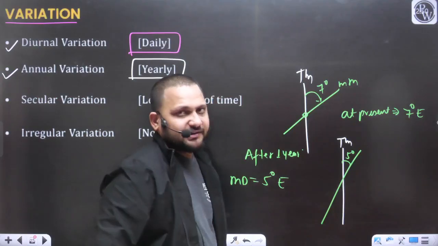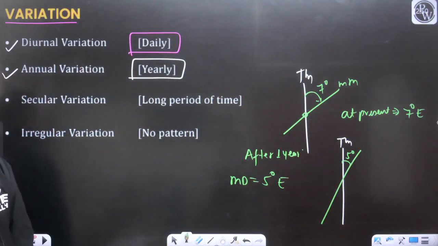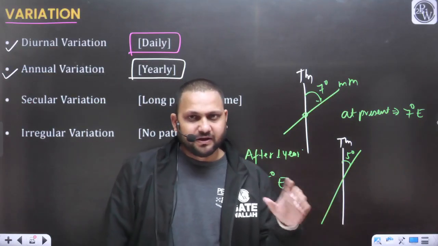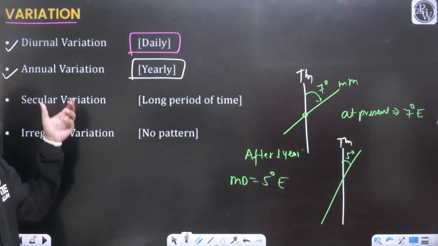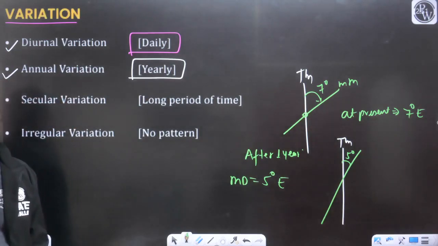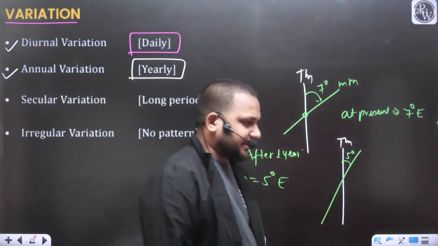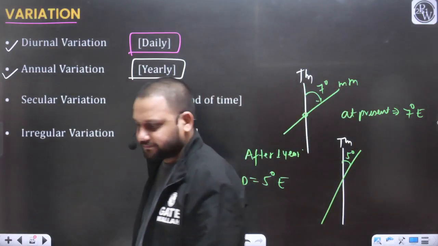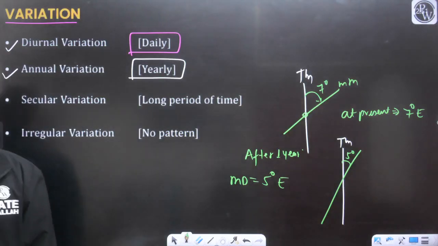There is a change in the declination, and that change you are observing on a yearly basis. So this variation we can consider as the annual variation. Now I think the point is clear to everyone, yes or no?